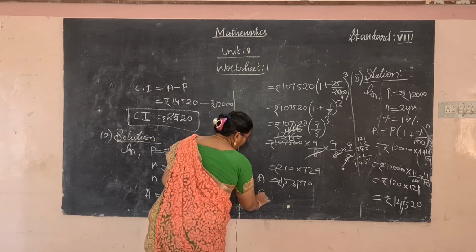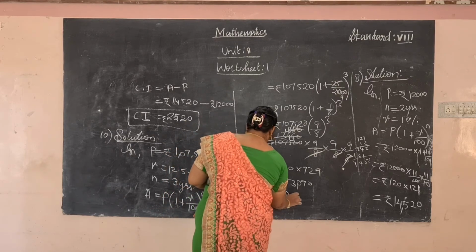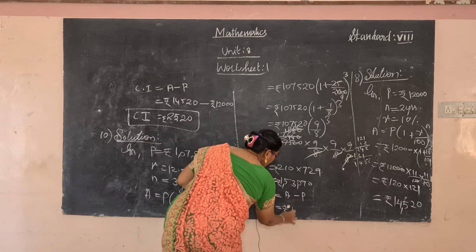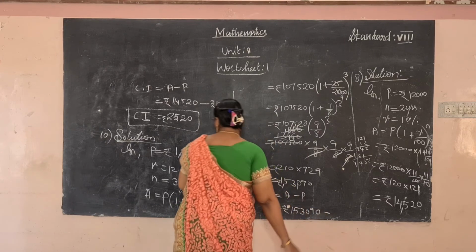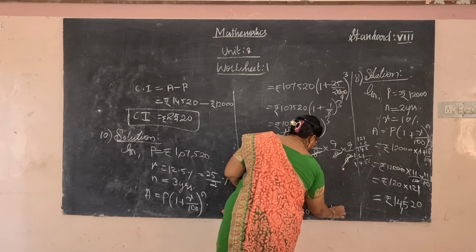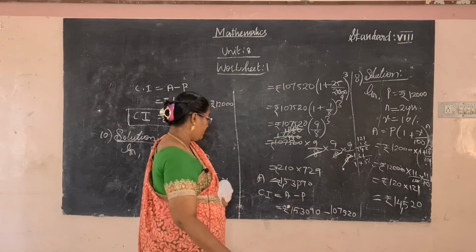Okay, so compound interest is equal to amount minus principal. So the amount is rupees 1,53,090 minus the principal amount, 1,07,520. Okay.